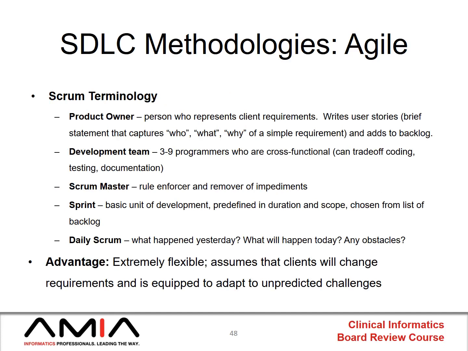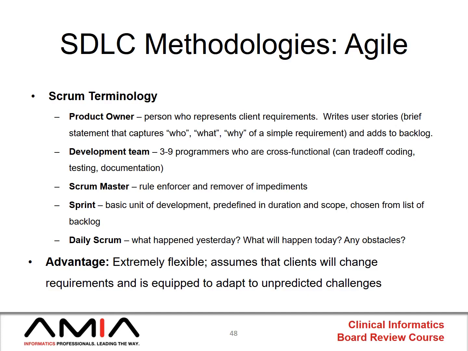Here's some of the terminology that's used in the Agile methodology, specifically the Scrum terminology. There's the product owner, the person who represents all the client requirements. Typically, that's the person who interfaces back to that client committee.